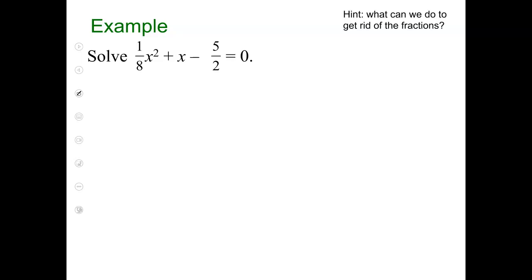So I don't actually want to keep fractions. Fractions are really awful to work with. So I need to know what the least common denominator is, but I don't want to change all of those to a common denominator. No one remembers. What is my least common denominator? 8.